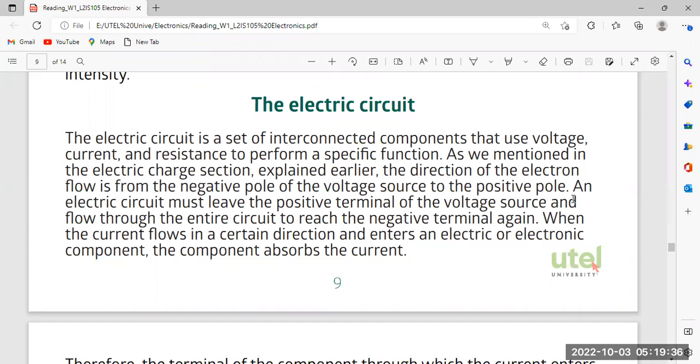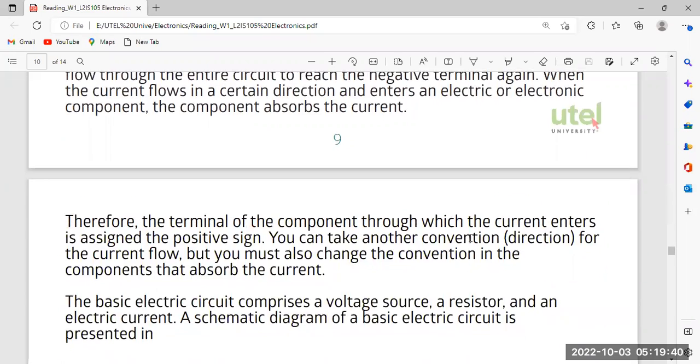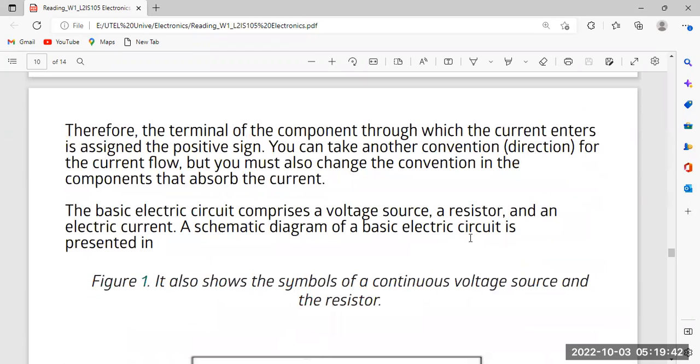Whatever component we are using, it absorbs the electric current. Therefore, the terminal of the component through which the current enters is assigned the positive sign. So, plus will always indicate the terminal through which the current enters the circuit.